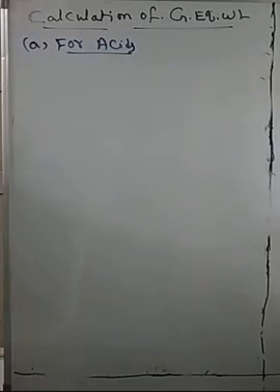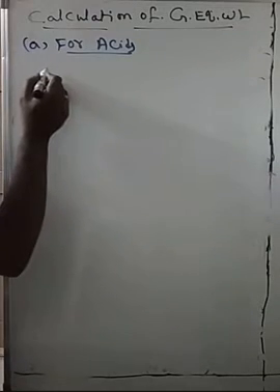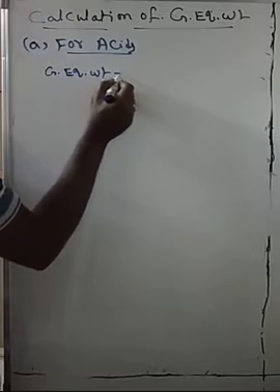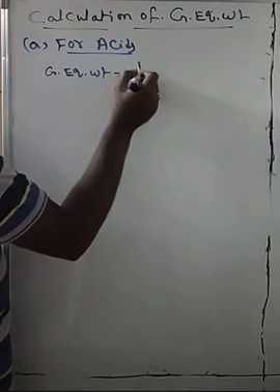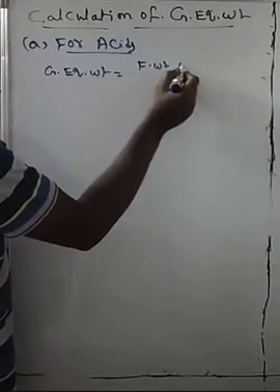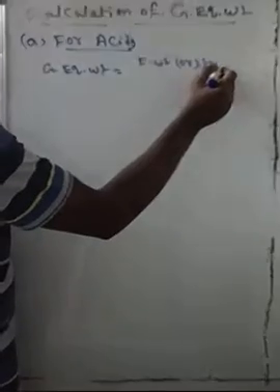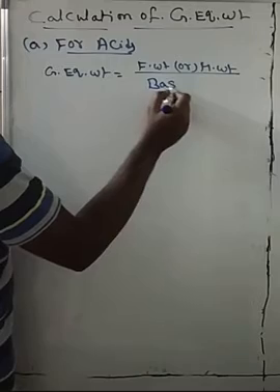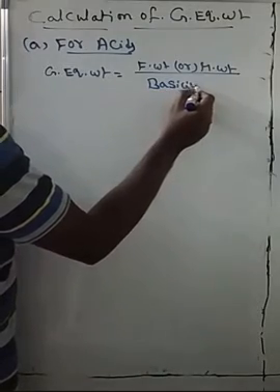Now, calculation of gram equivalent weight for acids. Using the formula, gram equivalent weight is equal to formula weight or molecular weight divided by basicity.